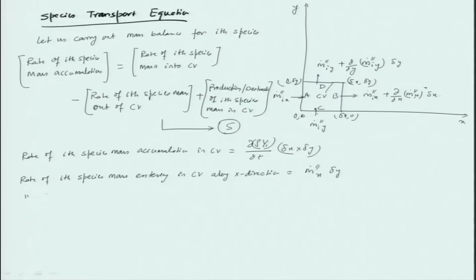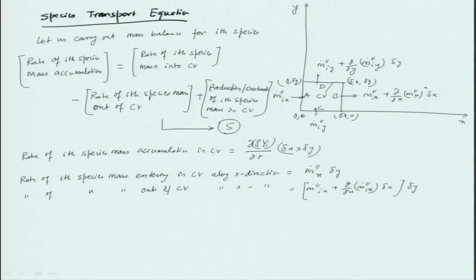and the rate of ith species mass out of the control volume along the x direction will be the flux I_x into delta x into delta y.